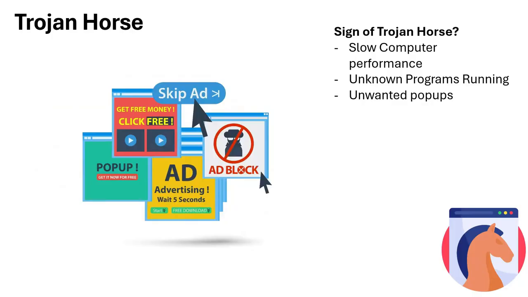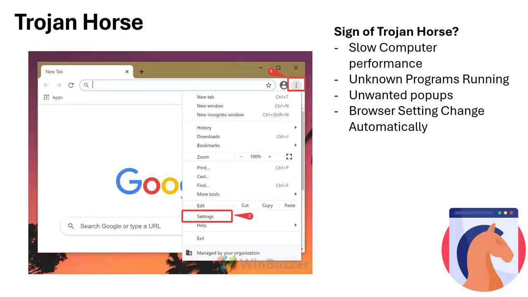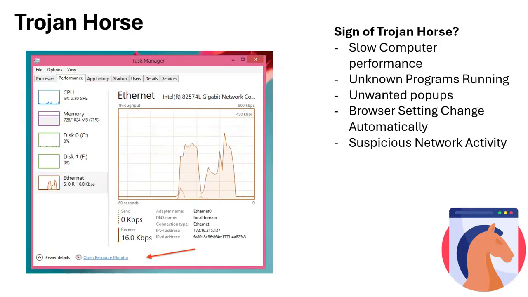Next, unwanted pop-ups. If your system is infected by a Trojan horse, unwanted pop-ups can appear. It may be possible that your browser is infected, and they can change your search engine and add a bar in the header of your browser. So always check that.